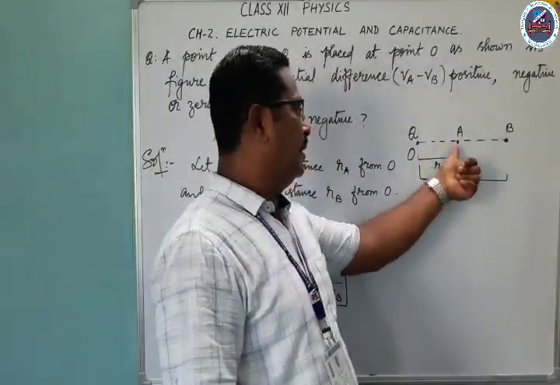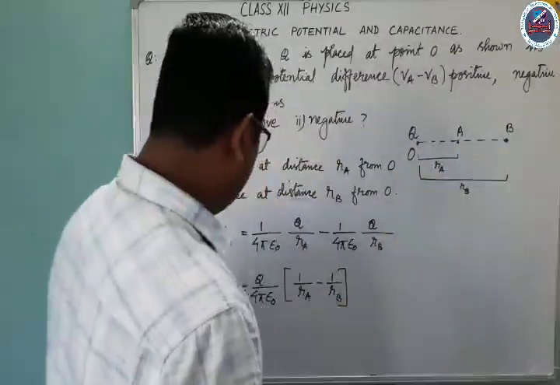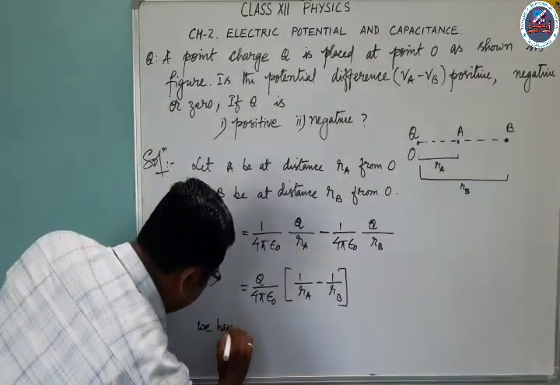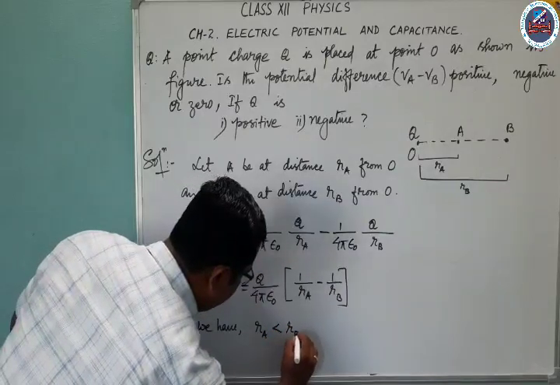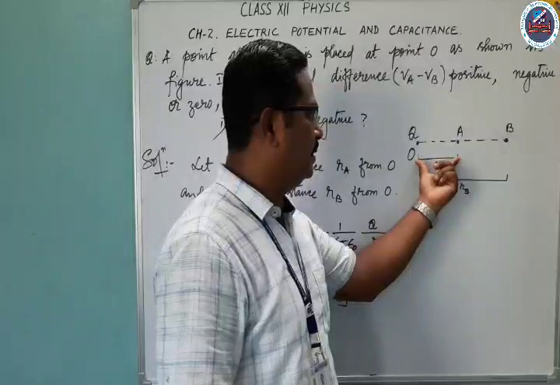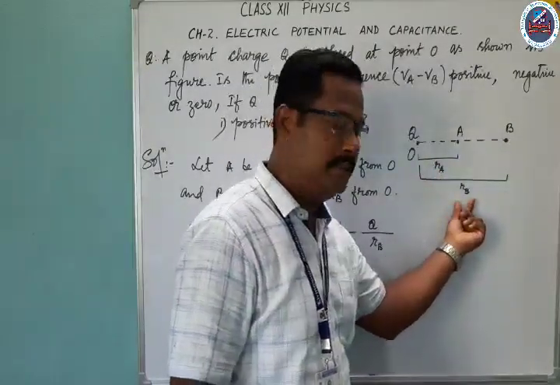After getting this, you look these two, RA and RB. A is nearer to O and B is far from O. So we know that RA is less than RB. The distance of A from O is less than distance of B from O, that is RB.